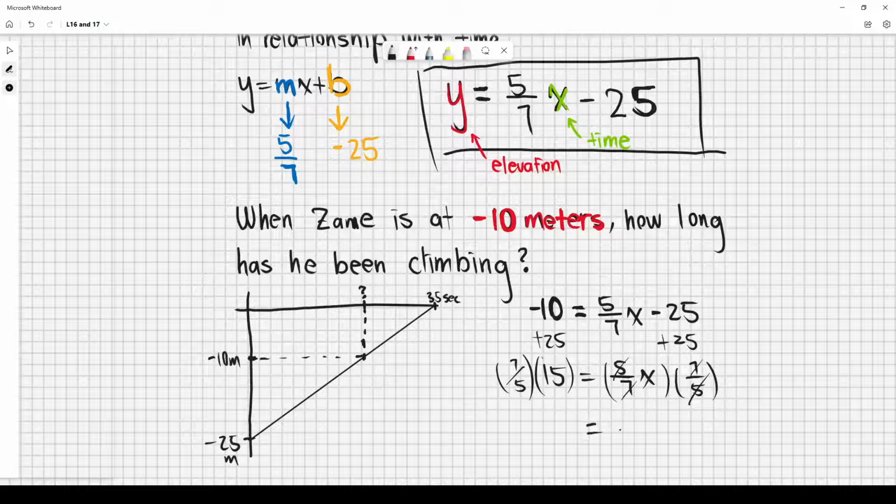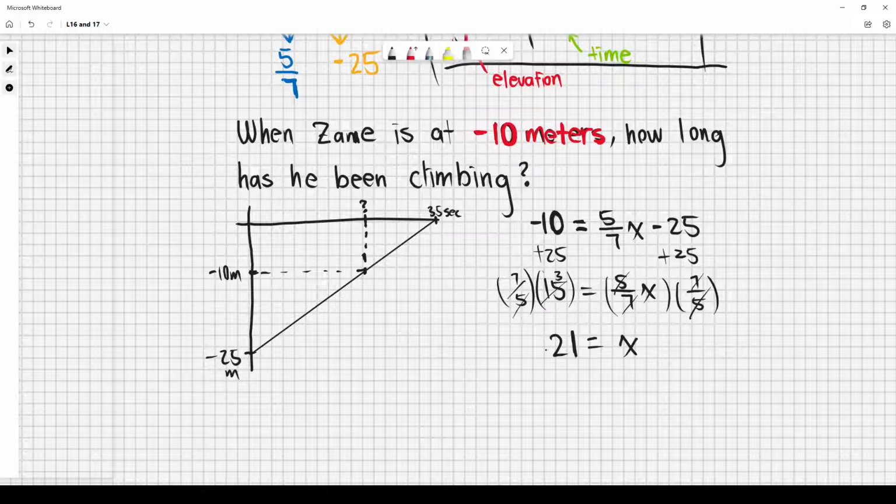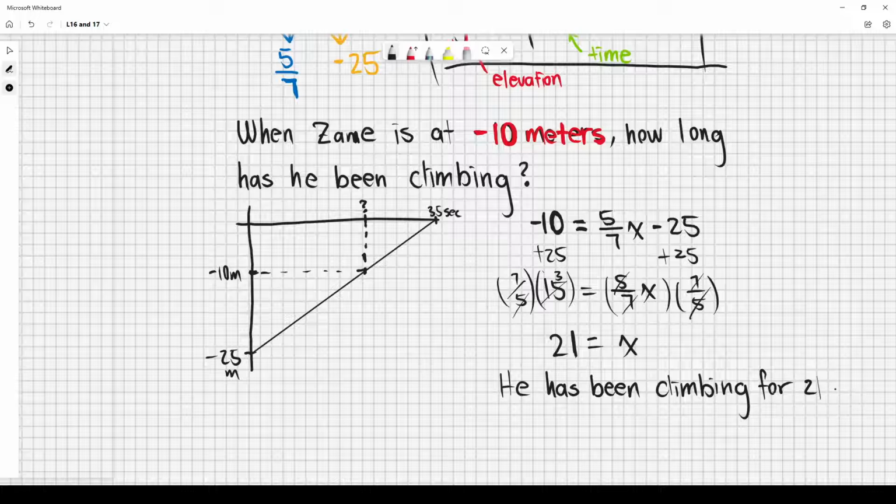You're left with x, and then 15 can cancel with the 5 to give 3. 7 times 3 is 21. So x is the time, right? It represents the time. So we say that he has been climbing for 21 seconds.